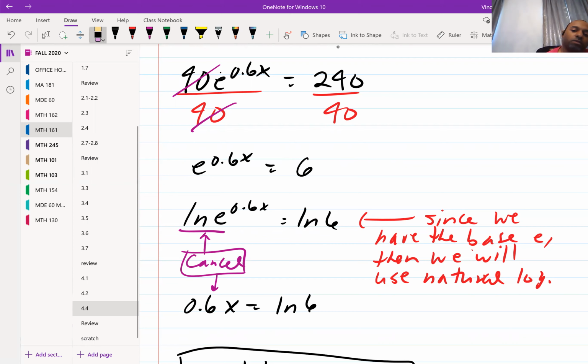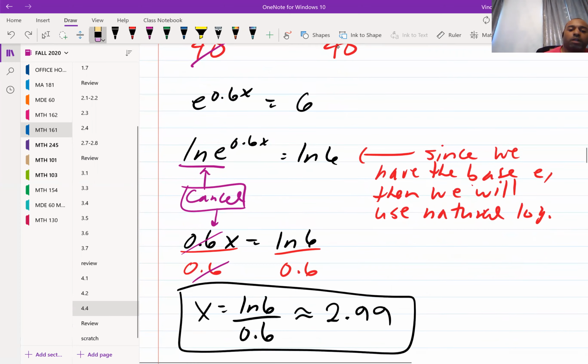All right, then we'll divide both sides by 0.6, and x is equal to 0.99 approximately. All right, any problems, any problems?